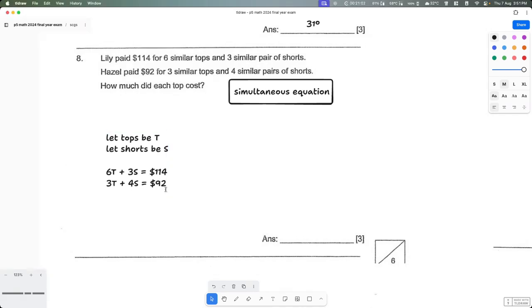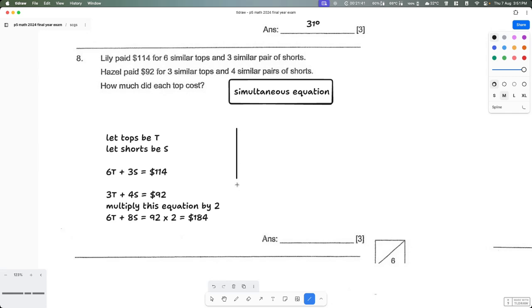Okay, so what we can do is multiply 2 with this thing. I'll just put it here. So multiply this equation by 2. That means this is 6T plus 8S equal to, what is this, 92 times 2, which is 184. So I'll just put here $184. From here we can minus.